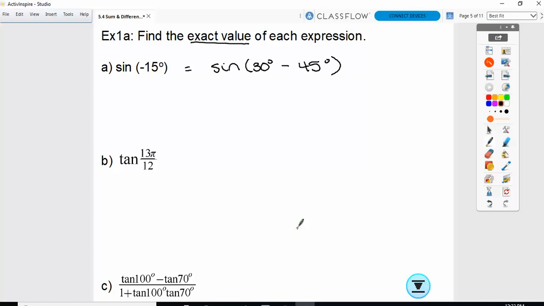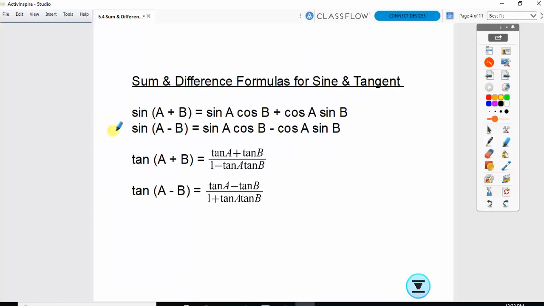If you didn't like dealing with the negative, you could have always added 360, but since we can add or subtract, it's just as easy to just subtract those. So now I have the sine of something minus something, so that's the sine difference formula.